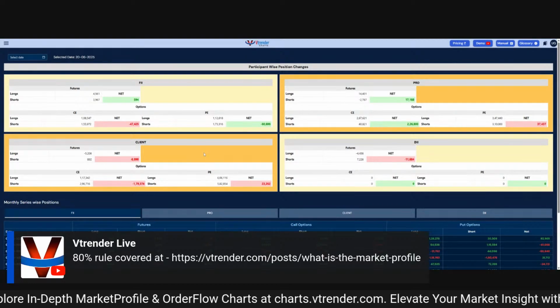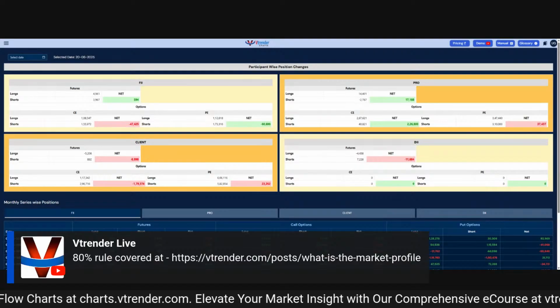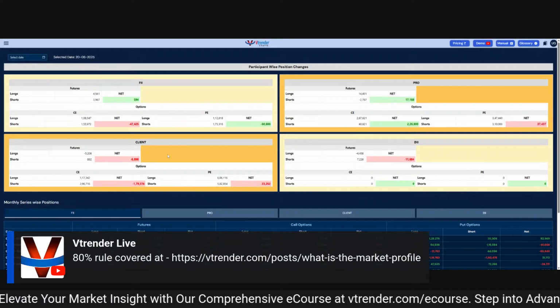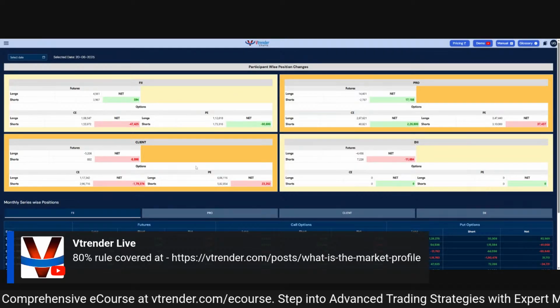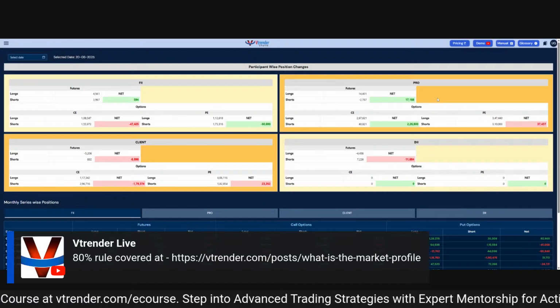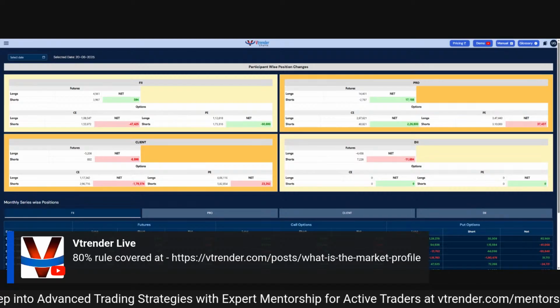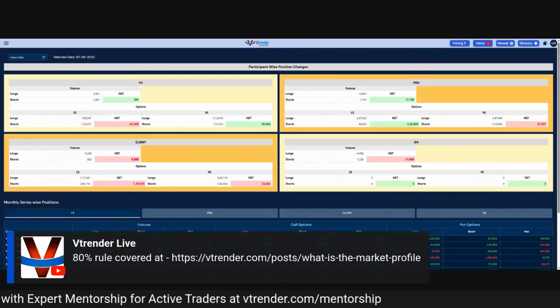Most of the retail come under the client section, and it is not necessary that all retail is dumb, because you have some HNIs also playing as retail, and they have some wonderful strategies which they employ to take positions in this. Same goes with the prop desks, proprietary desks, because not all of them will have the same view, but all of them will definitely have some smart trading strategies which they will implement.